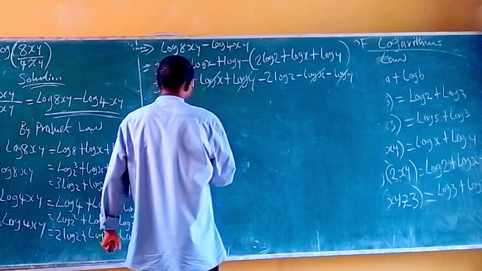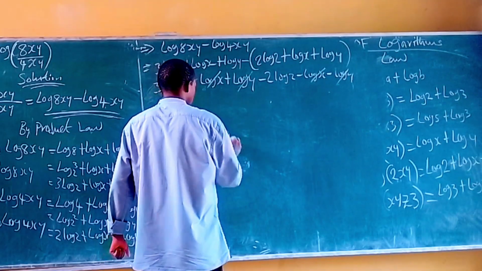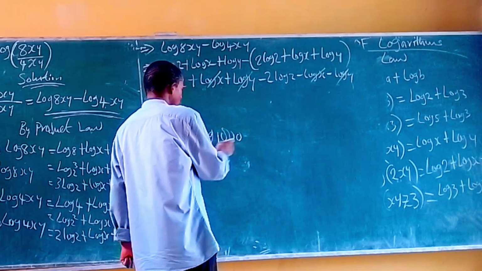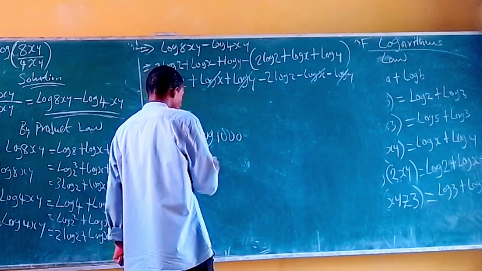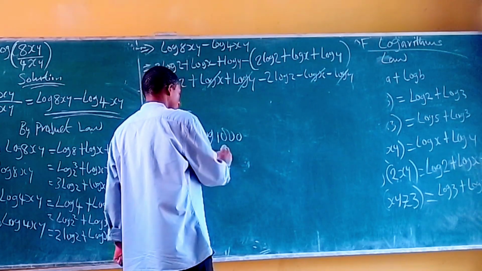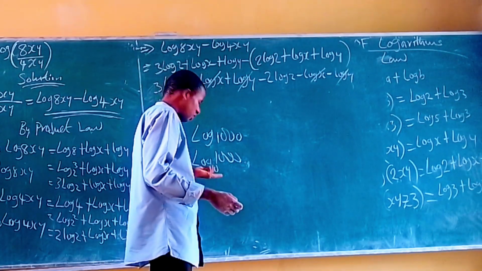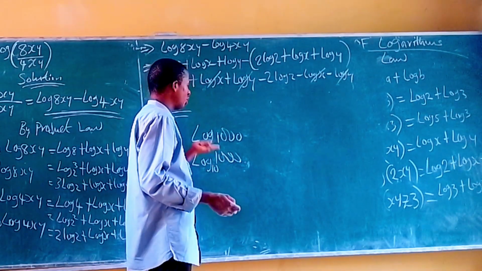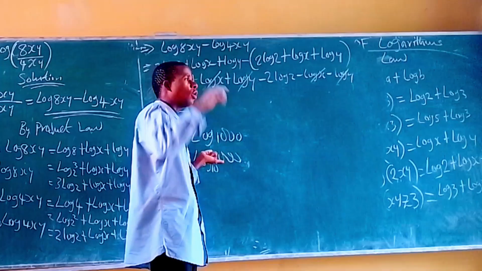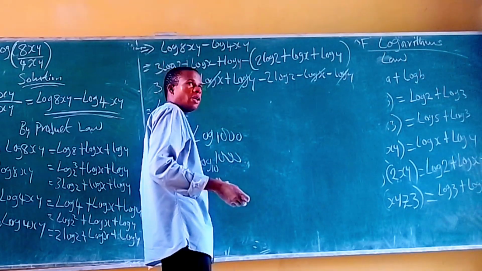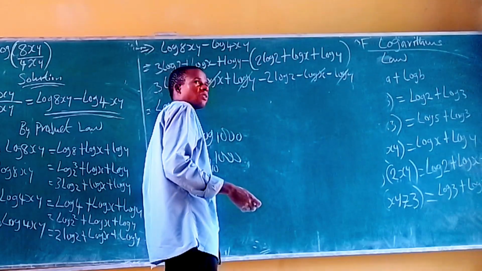If you have, let's say, log 1000, right? This is our common base, which is the same thing as log 1000 with base 10. Now this is our initial base, which is 10, and this one is a power. That base must correspond to the first base. I don't know if you understand.